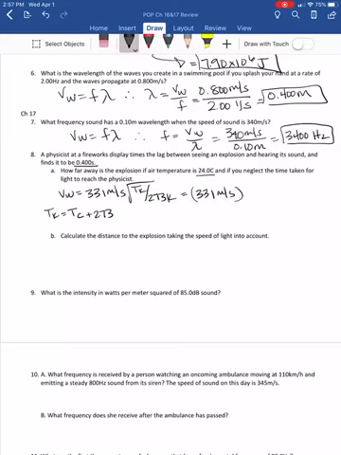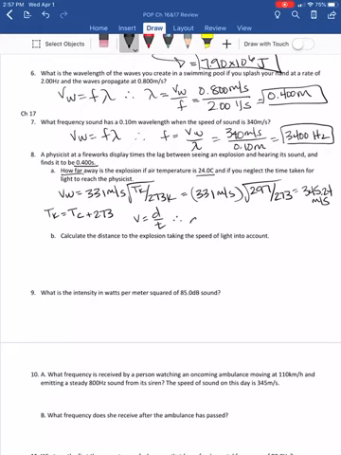So we have 331 times the square root of 297 divided by 273, which ends up giving you 345.24 meters per second. Okay, now that's not what it asks. It asks us to find how far. Well, why did I do that? Because velocity is equal to distance divided by time.